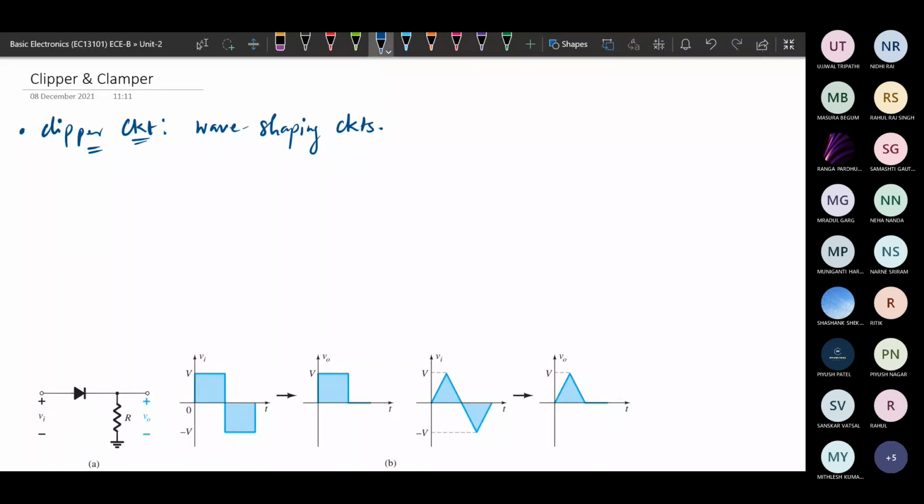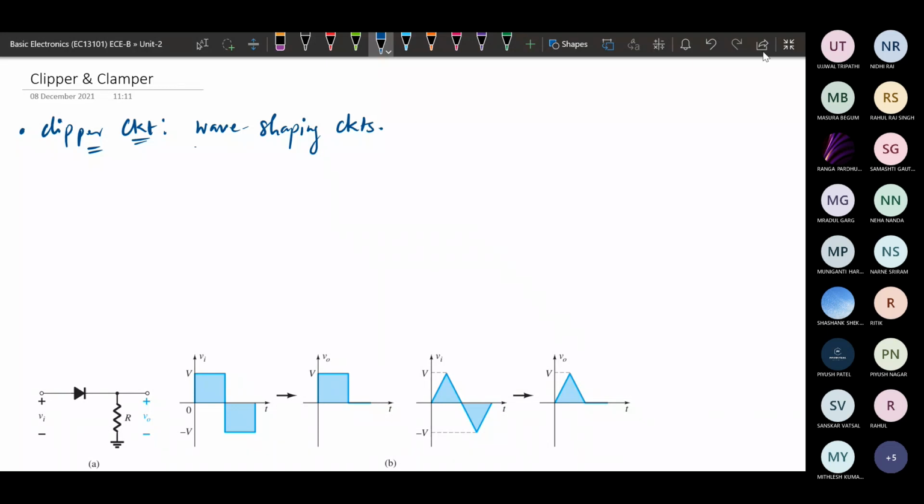The waveform will have some distortion or loss, based on our desired requirement. Whatever our requirement is, we need to modify the given waveform, and for that we use the clipper and clamper circuits.